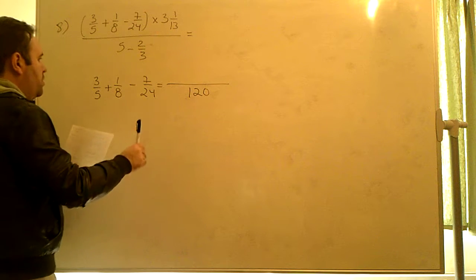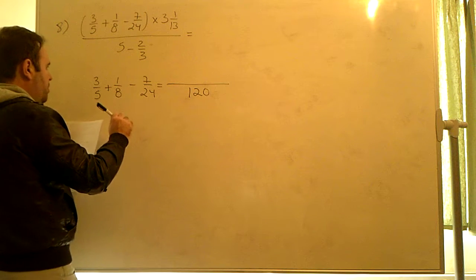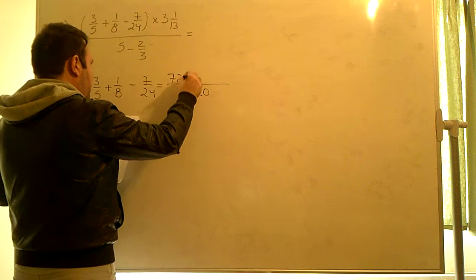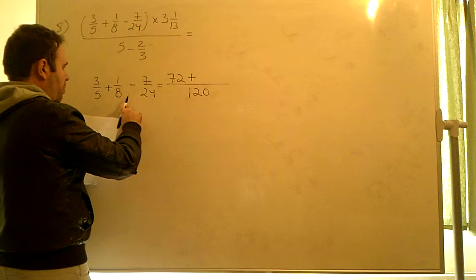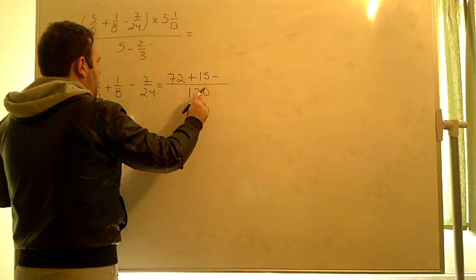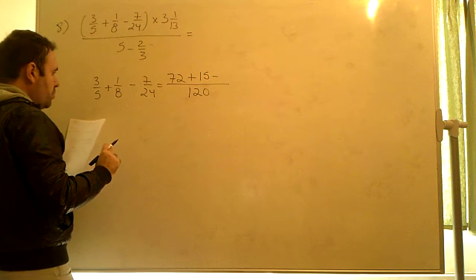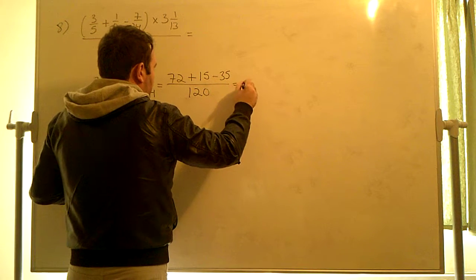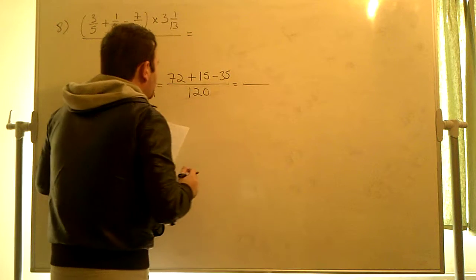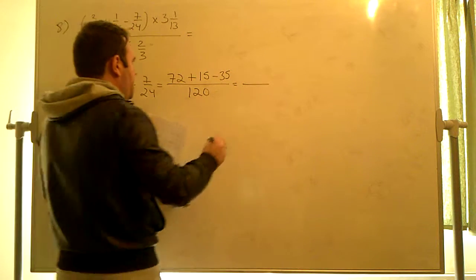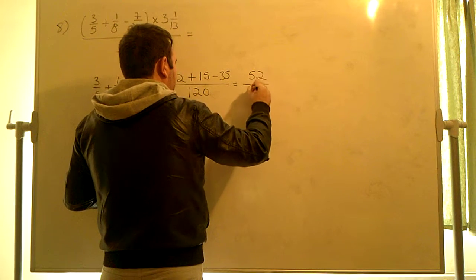So 120 divided by 5 is 24, times 3 is 72, plus 120 divided by 8 is 15, times 1, 15, minus 120 divided by 24, which is 5, times 7, 35. So 72 plus 15 minus 35 is 52 divided by 120.